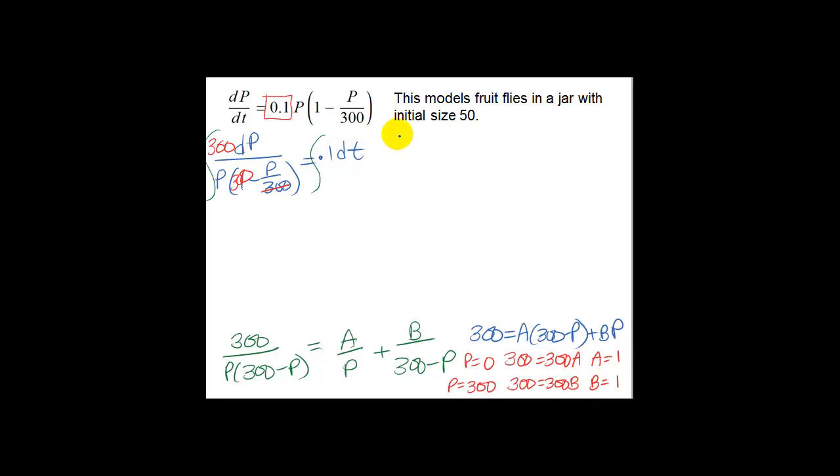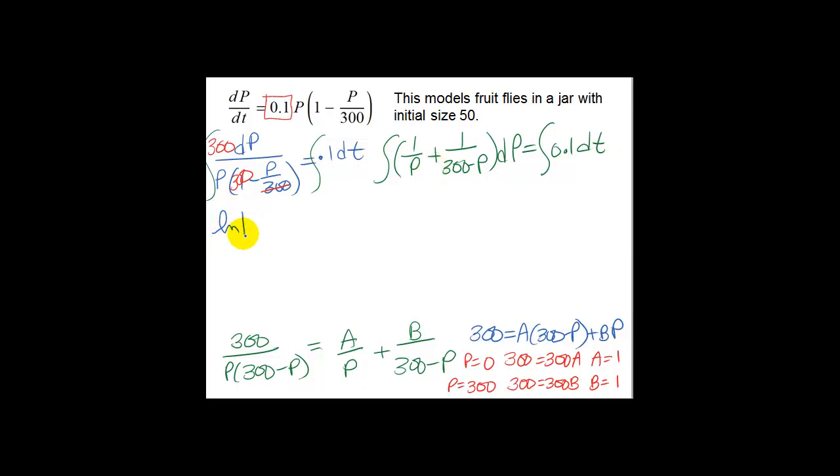So this can be expressed as the integral of 1 over p plus 1 over 300 minus p dp equals the integral of 0.1 dt.